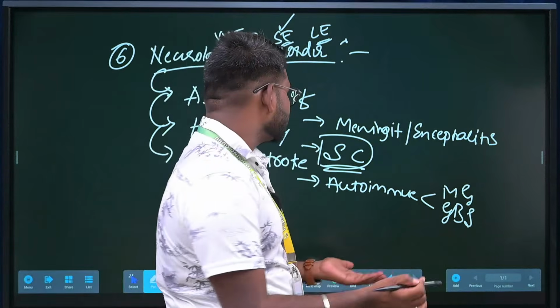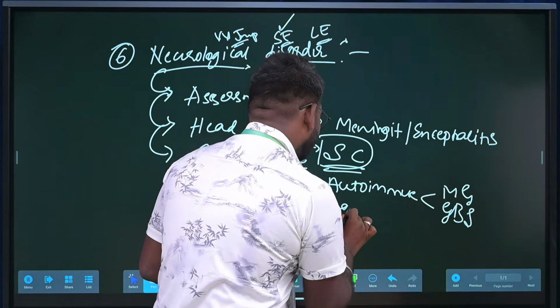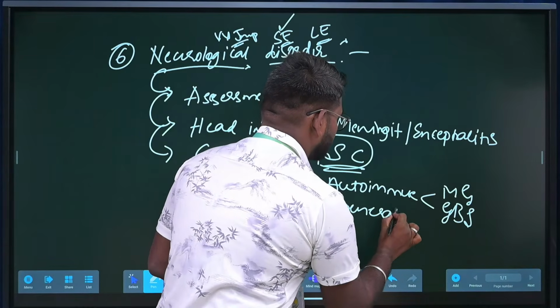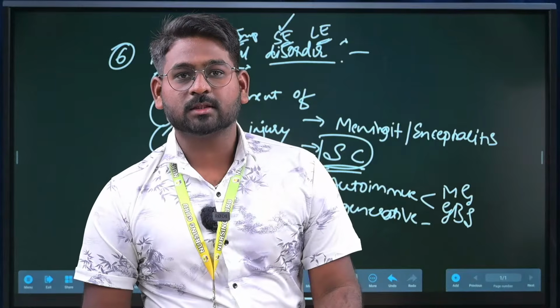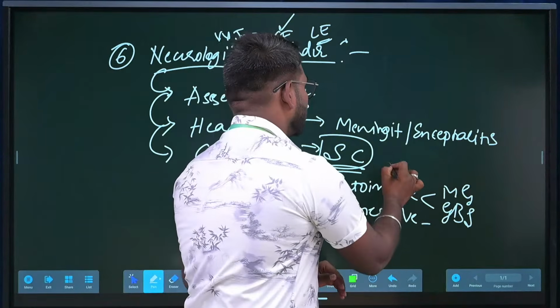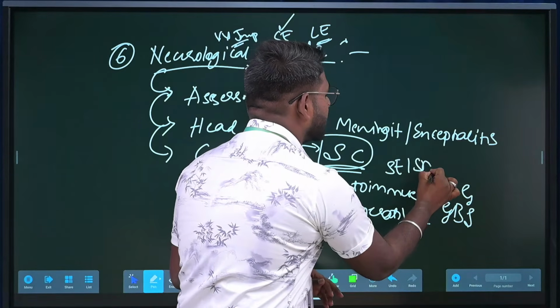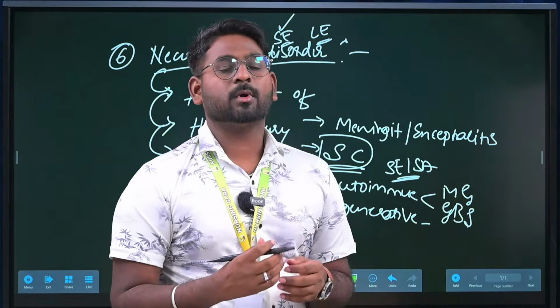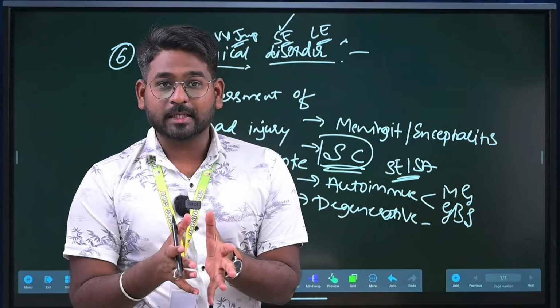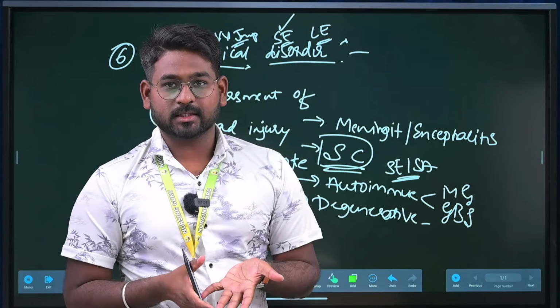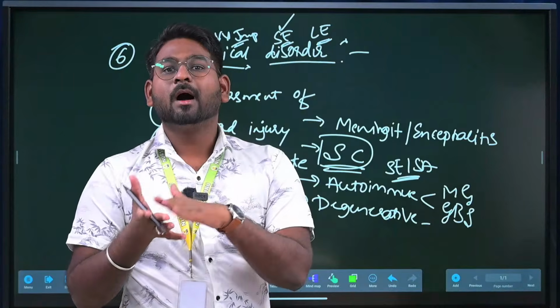Apart from this, we have the degenerative conditions like Alzheimer's disease and Parkinson disease. They may ask for short essays or short answers, such as: define Parkinson disease, or what are the 4 clinical features of Parkinson disease or Alzheimer's disease.